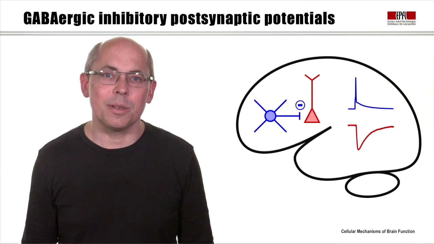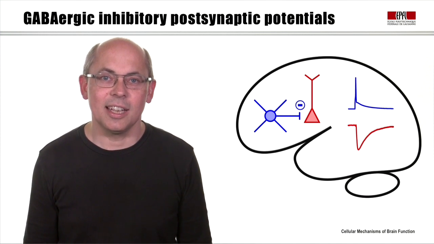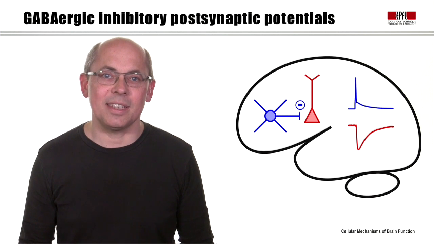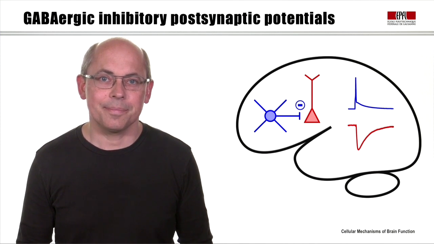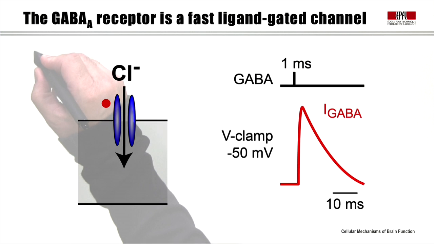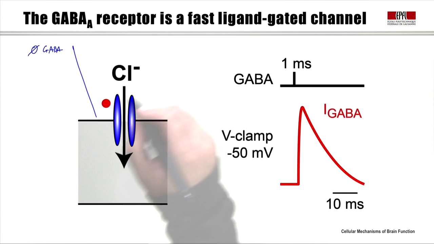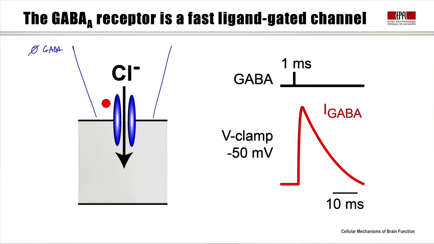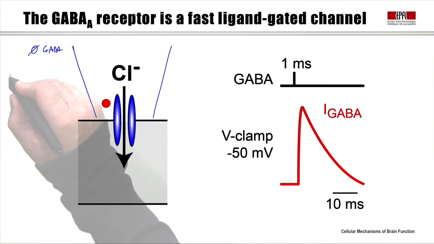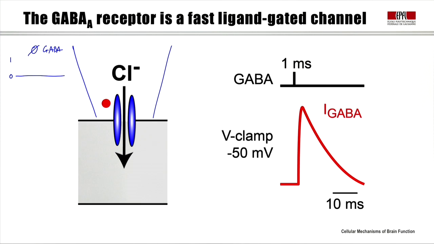In this lesson, we're going to look in more detail at the fast inhibition mediated by GABA-A conductances and see a little bit more about the specific details of how it works. The GABA-A receptor is a chloride channel, and GABA binding to the receptor increases the open probability of the receptor. In the absence of GABA, if we are recording with an electrode looking at the single channel, then the openings and closings of this receptor, it'll be closed.